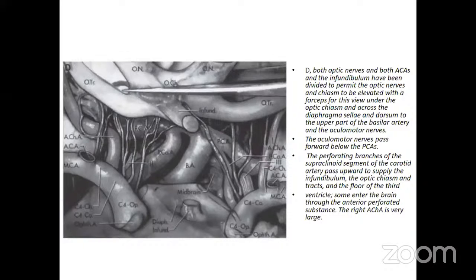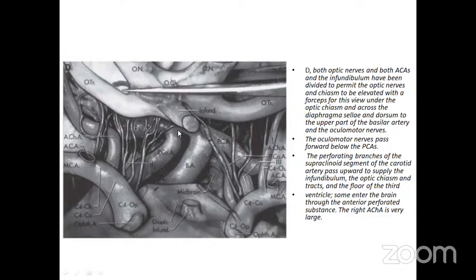Again, another view in this diagram, the infundibulum has been removed. This is the midbrain. The infundibulum is divided. This is the ipsilateral ophthalmic internal carotid artery, and these are the right and left internal carotid arteries that have their divisions.